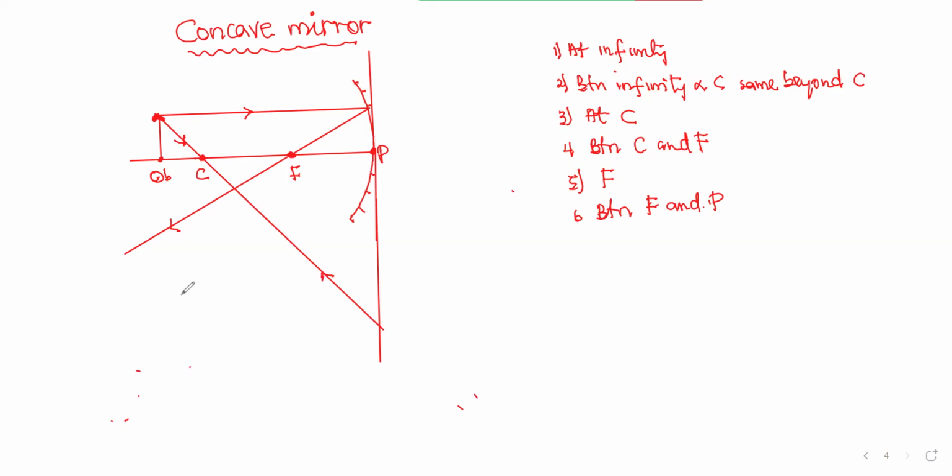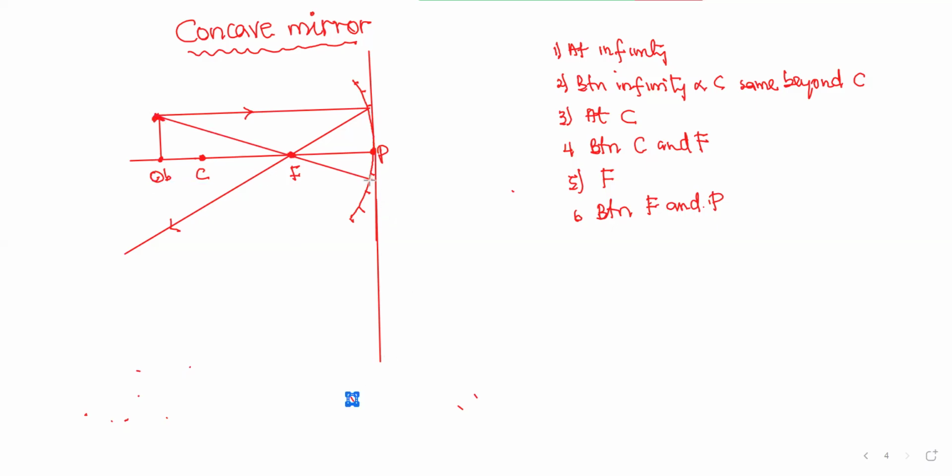Okay, I can use this, or if I don't want to use this, I can still use the other rule: a ray of light which is passing through F, after reflection, the reflected ray must go parallel to the principal axis.